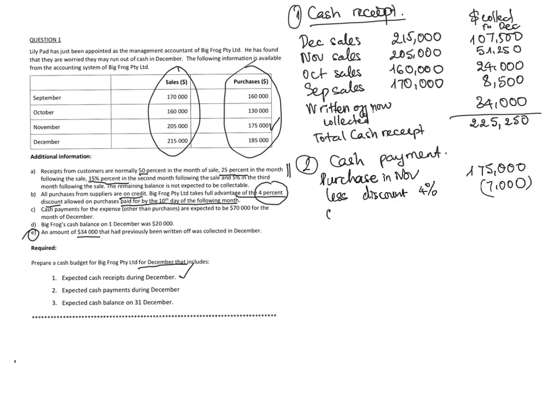So the cash payment for purchases would be 168,000. Now is there any other cash payment? C. Cash payment for expenses other than purchases are expected to be 70,000 for the month of December. So cash expense is 70,000.